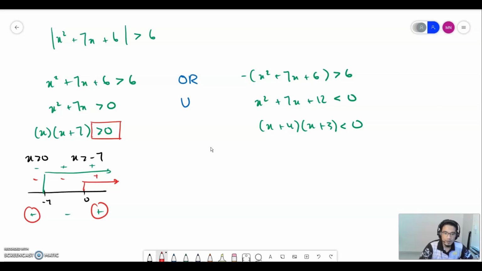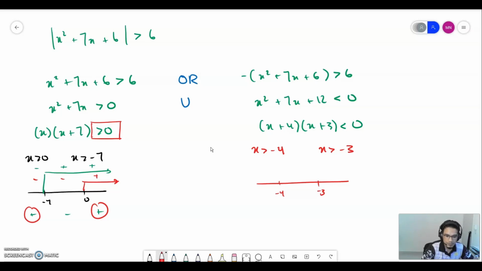Okay, so for the negative part, I have x less than negative 4, and then I have x less than negative 3. Negative 4 and negative 3. Oh sorry, this should be x bigger than, because we want to solve it by a real number line, so we make the factors become bigger than 0.